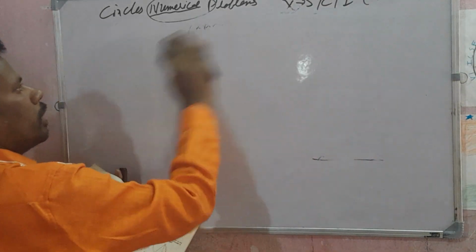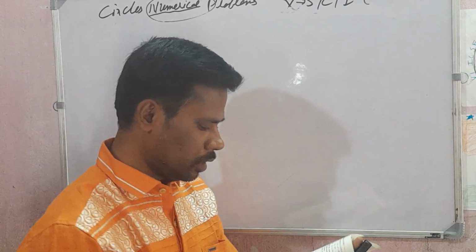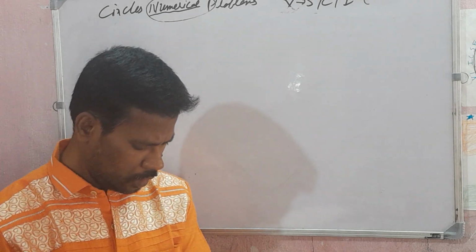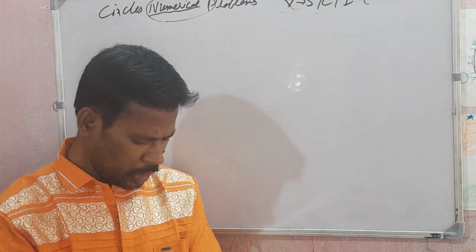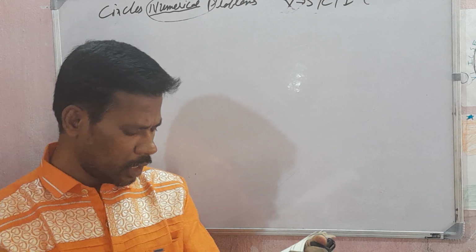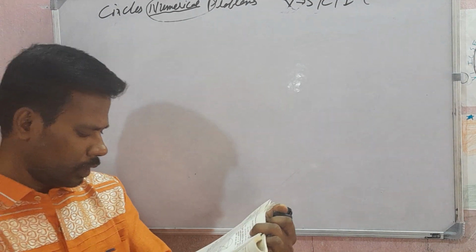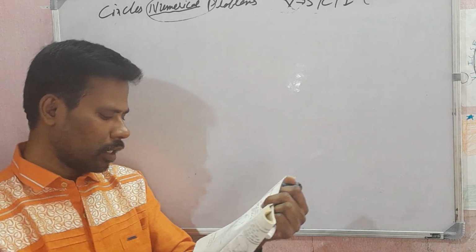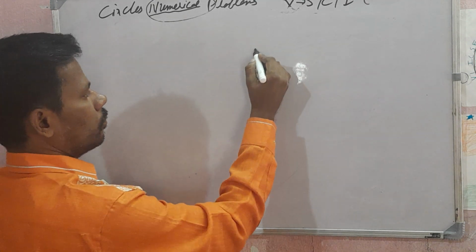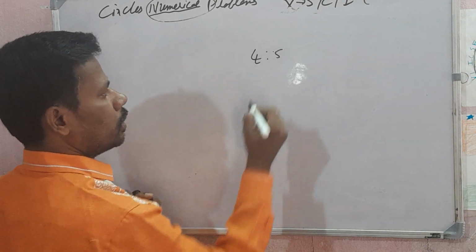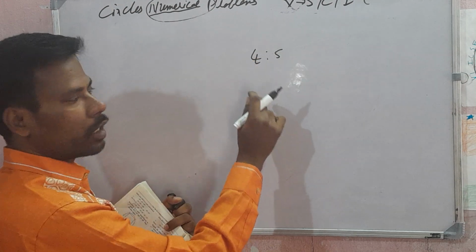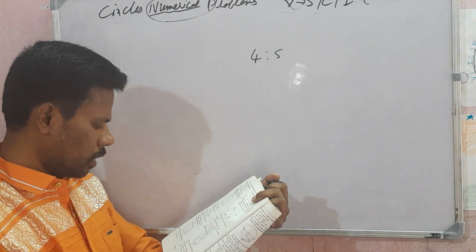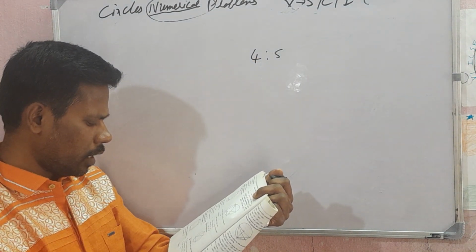So this problem is very important. The opposite angles of a cyclic quadrilateral are in the ratio 4:5. This is very simple. Find these angles in degrees.